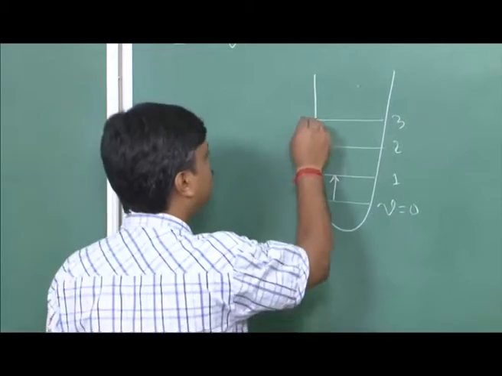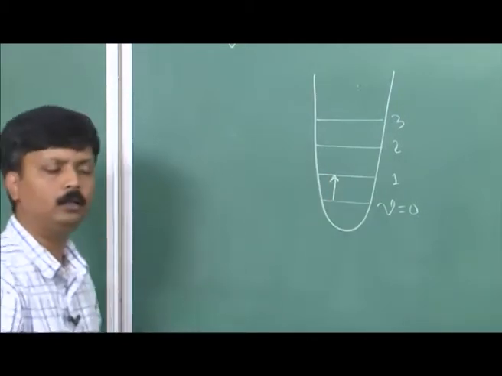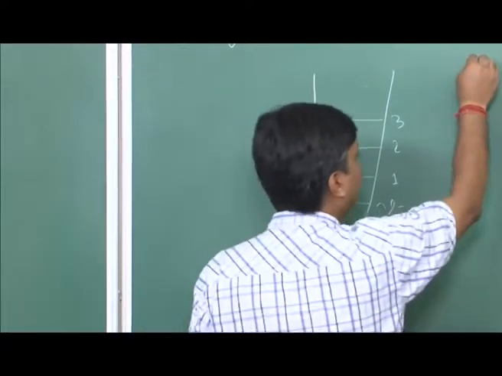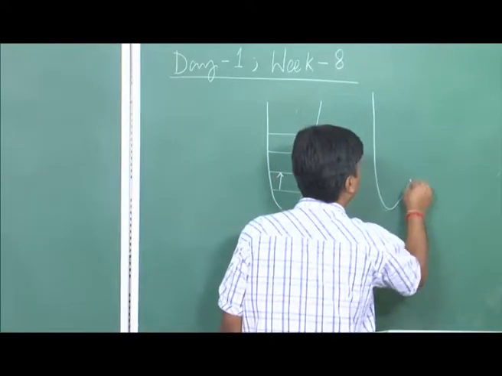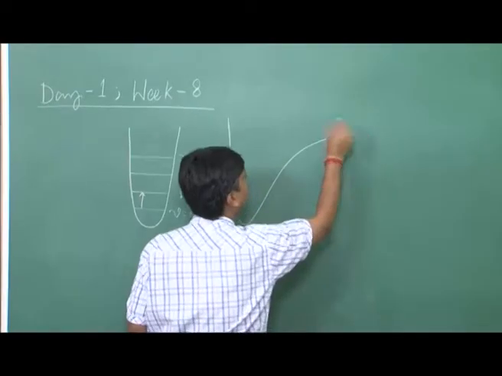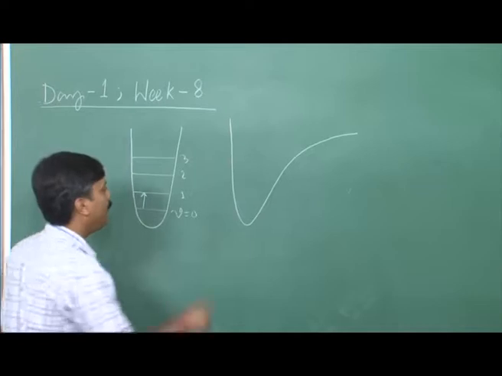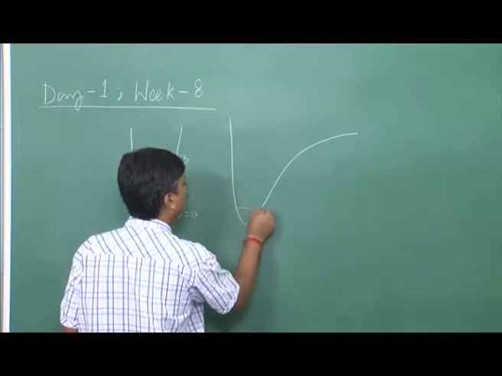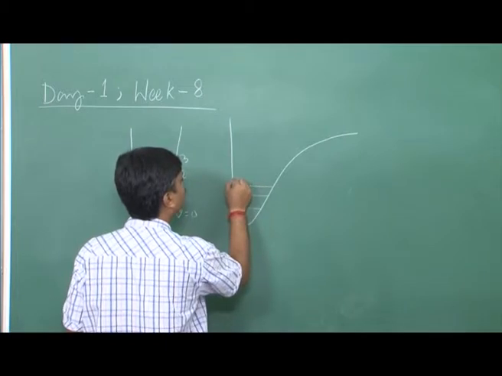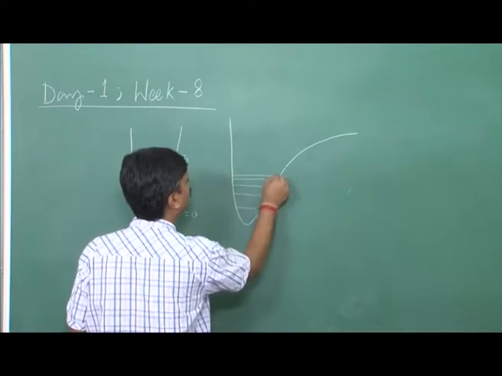Now, this was about the simple harmonic oscillator, but in real life you have a potential well depicted by something like the Morse potential, and you have the vibrational levels here also, and so on, right.